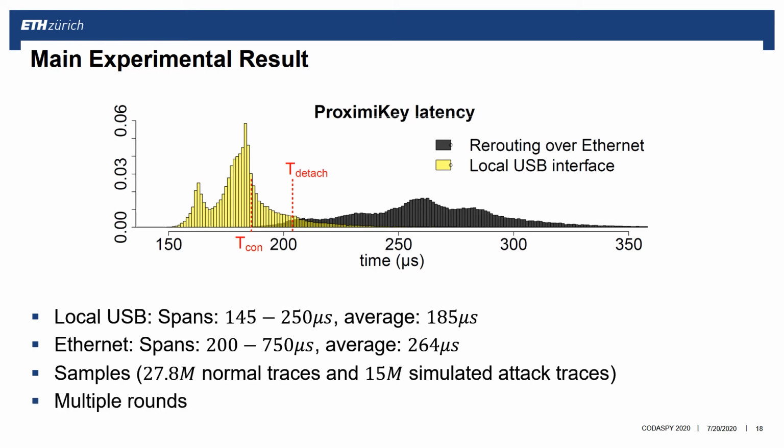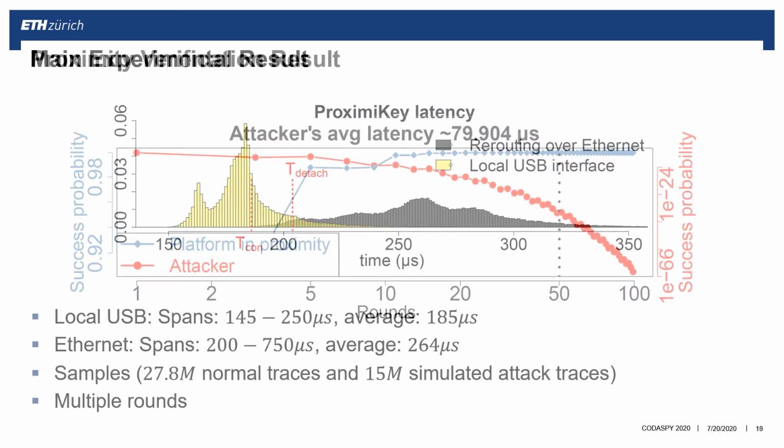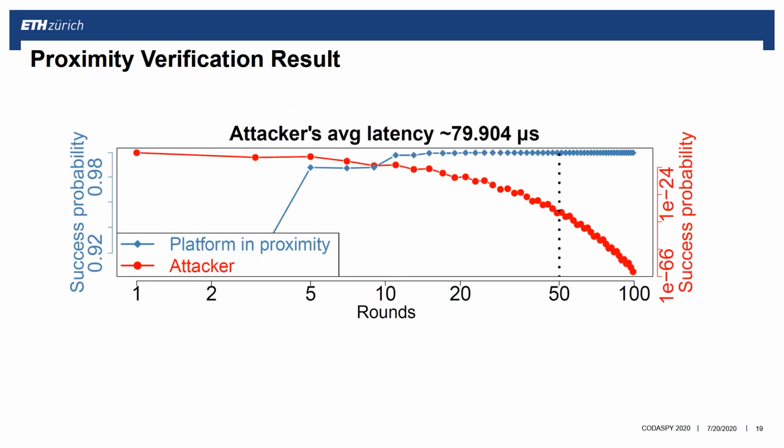On top of that, ProximiTEE and the target platform execute several rounds of a challenge-response protocol, because a single round may have some variation since this is a local USB connection. If you have multiple rounds, you can assign more certainty to whether you are talking with a connected platform or not.